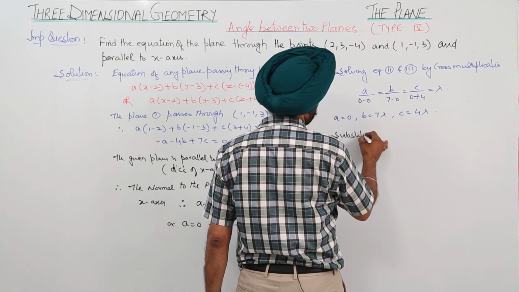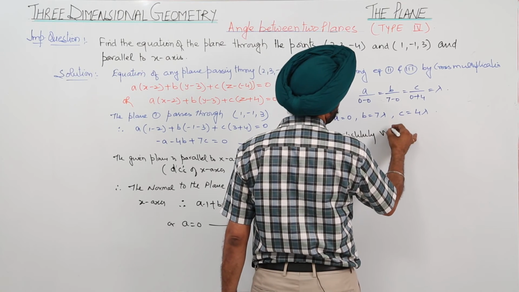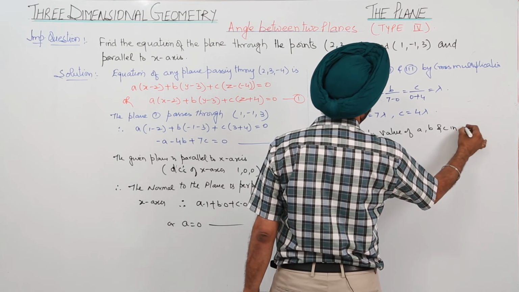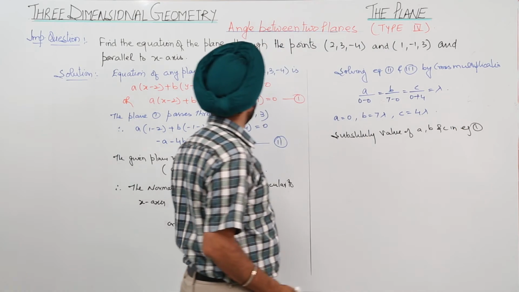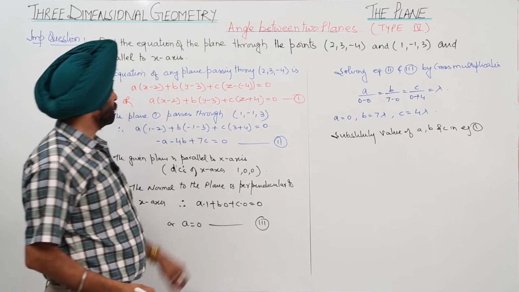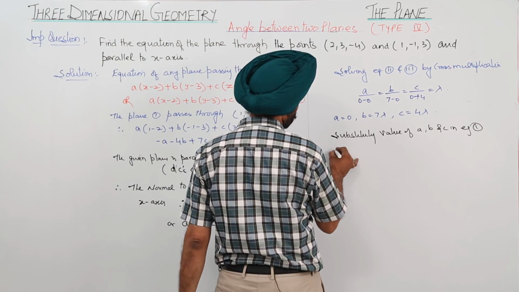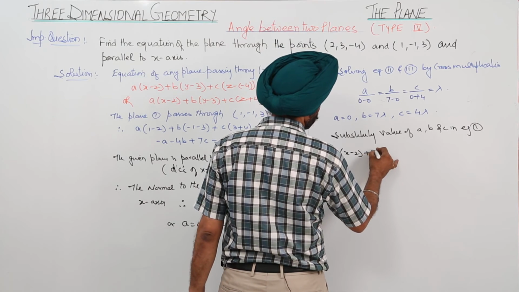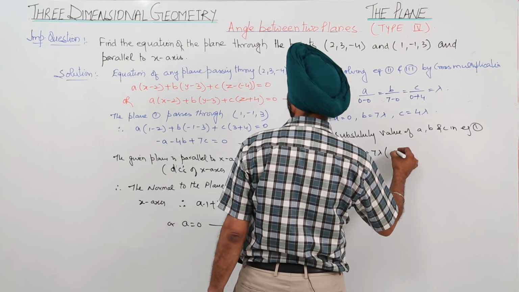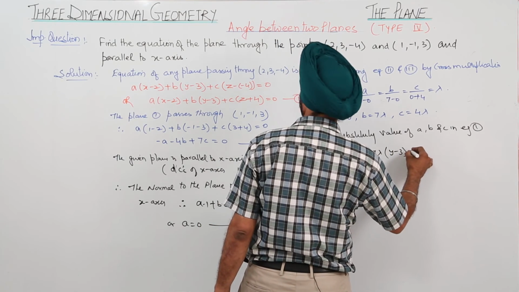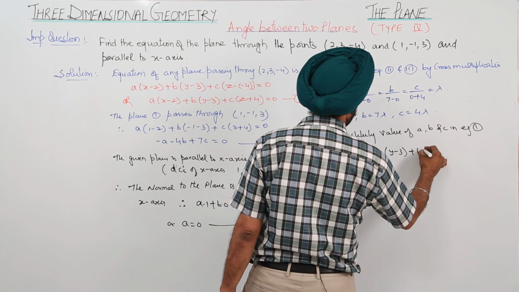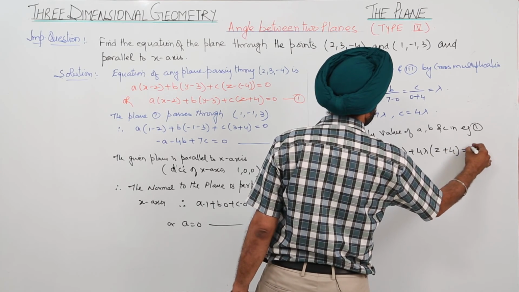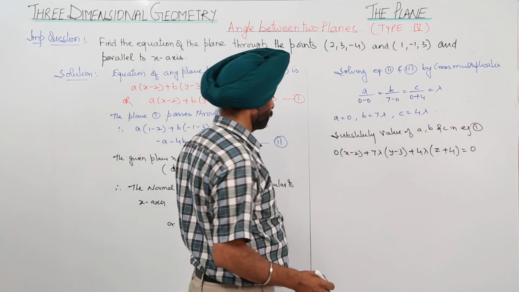Now substituting values of a, b and c in equation 1. Equation 1 is which one? This one. Now 0(x - 2) + 7 lambda(y - 3) + 4 lambda(z + 4) = 0.